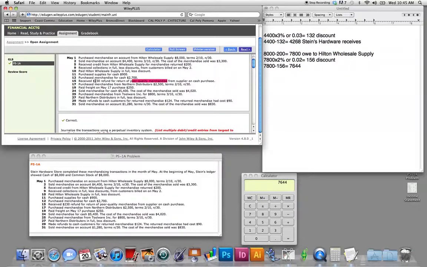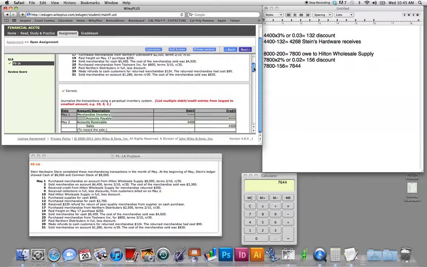So the amount we're returning is $230 on our cash purchase. So that means that $230 is going back into our cash account. And our merchandise inventory is decreasing by that $230 because we're refunding that amount.